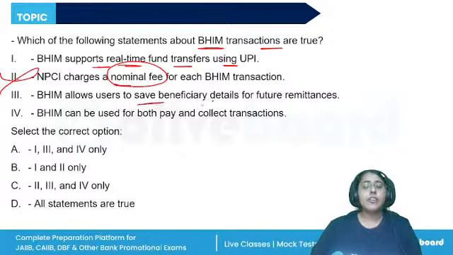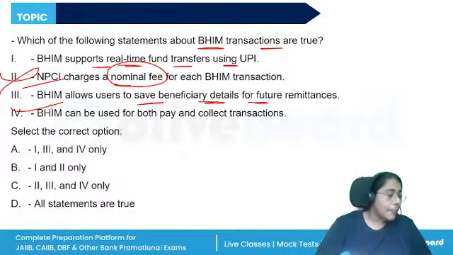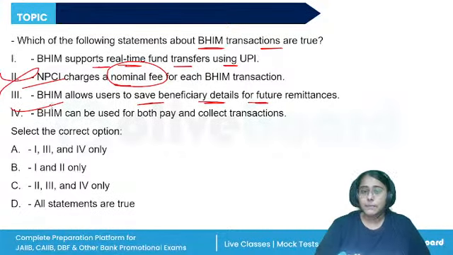Bheem allows users to save beneficiary details, and it can be used for both pay and collect. If someone is giving a request to collect funds, it can be rejected or it can be accepted. Simply, the user needs to have their mobile number registered with the bank and a debit card linked to that account.